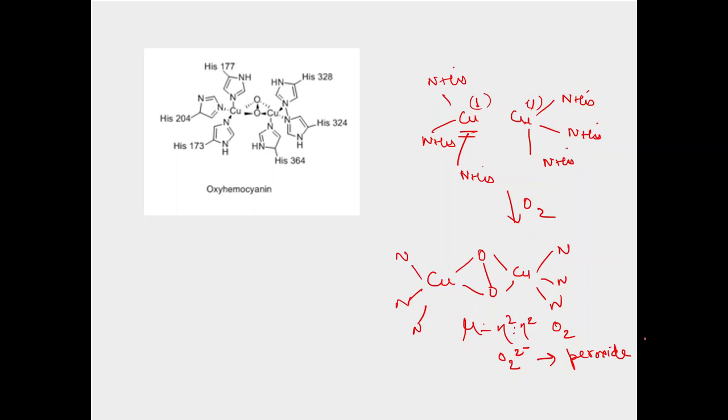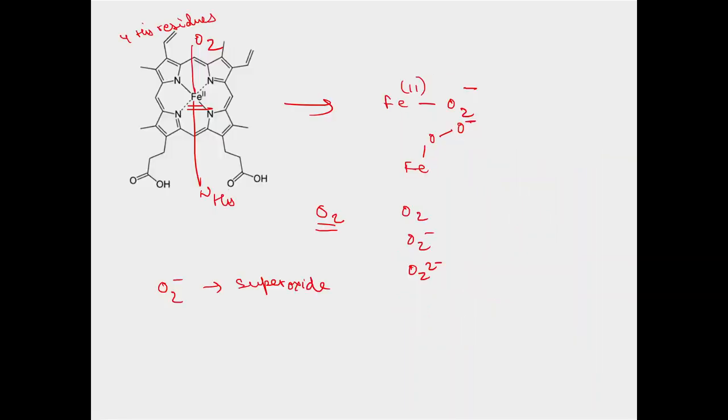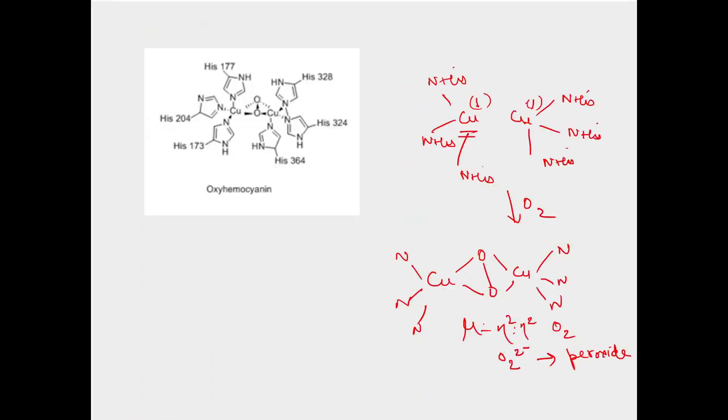So in the oxyhemocyanin case, this O2 is present as O2 2 minus, that is, a peroxide, whereas in oxymyoglobin it is present as O2 minus, that is, superoxide.